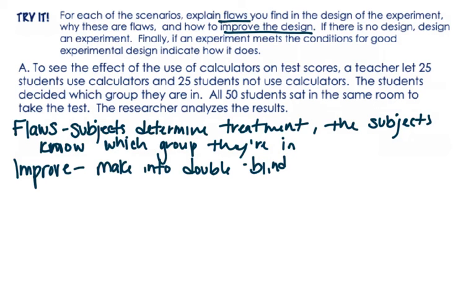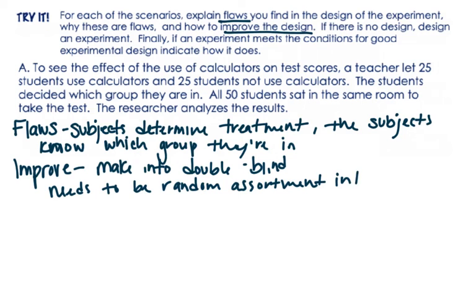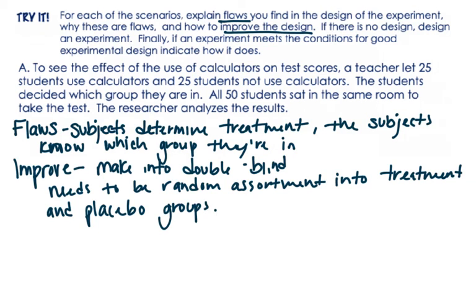So it needs to be random assortment into treatment and placebo groups. Alright. Yeah. And if you wanted to add stuff, you could, but those are the things that I see are flaws and then how we can improve them.